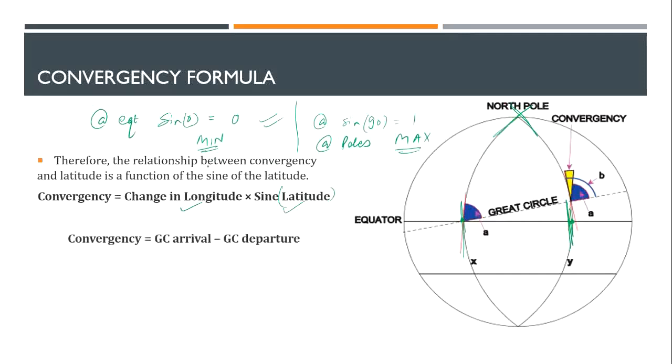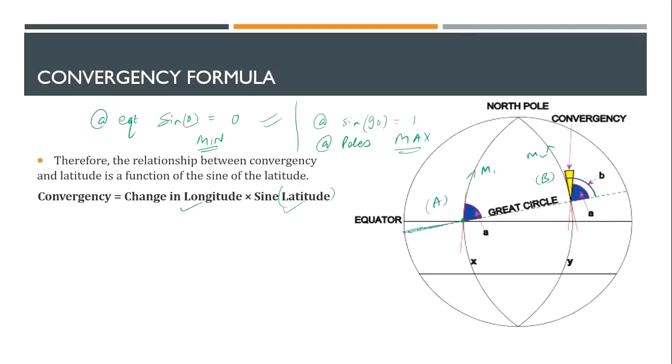The second formula, which most people don't actually see, but it is there. Ignore everything and take these 2 points again. This is A, this is B. These are my meridians, correct? My great circle, a line.